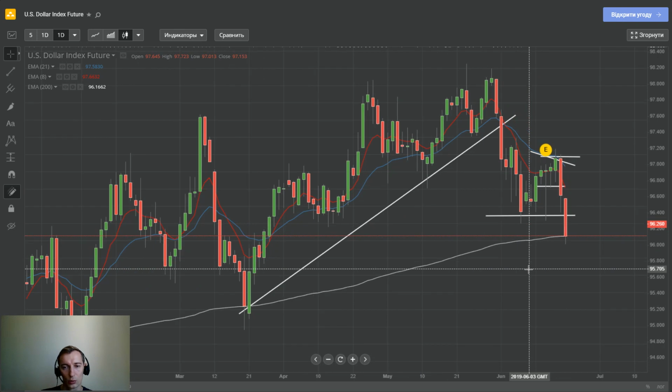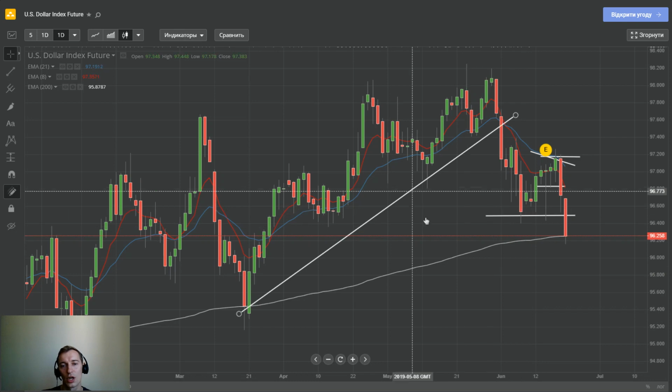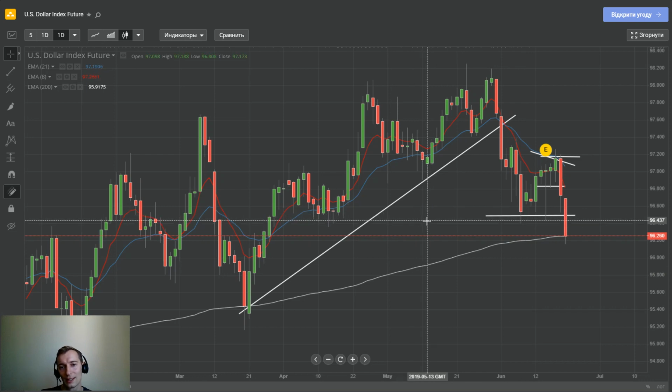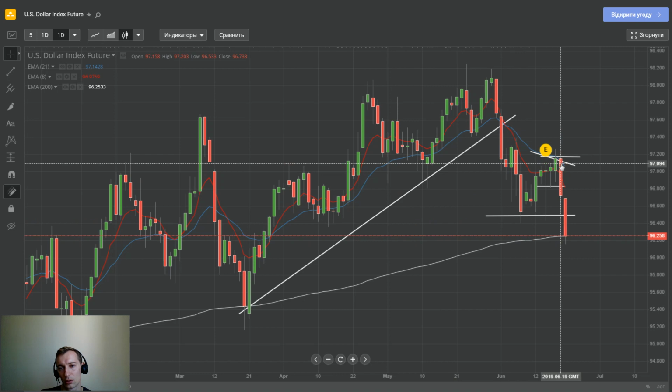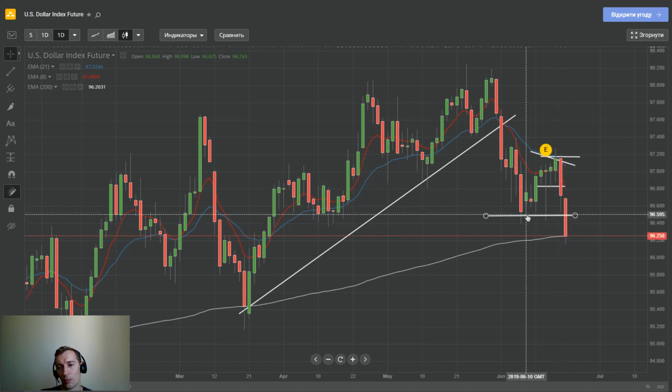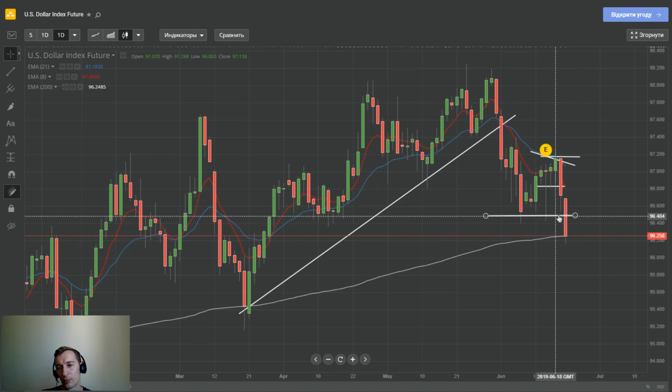We will try to prepare ourselves, a game plan for today's trading session and for tomorrow's trading session as well. So on my chart here I have USDX, which is actually the US dollar index future. What you can see here is two huge red candles that broke this support level.